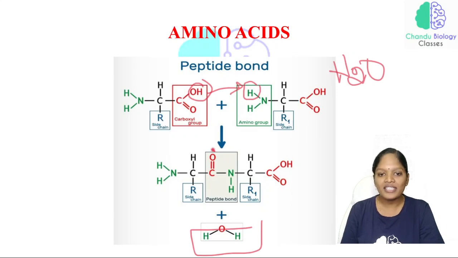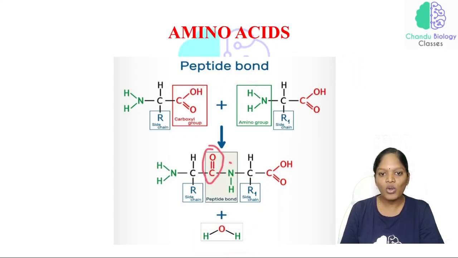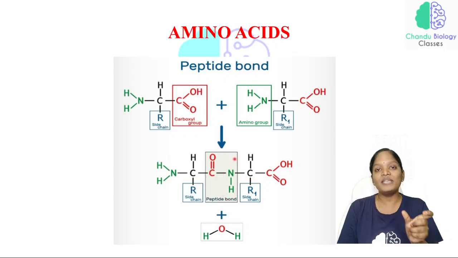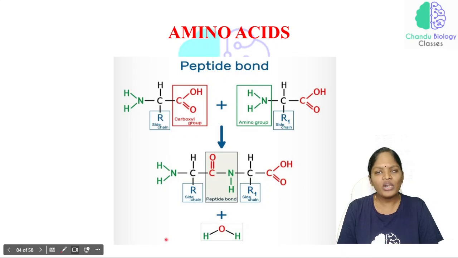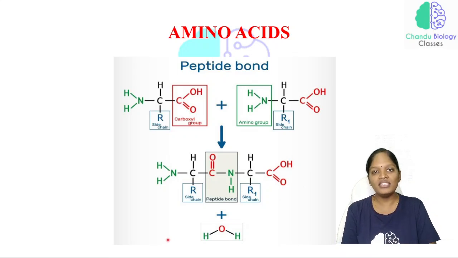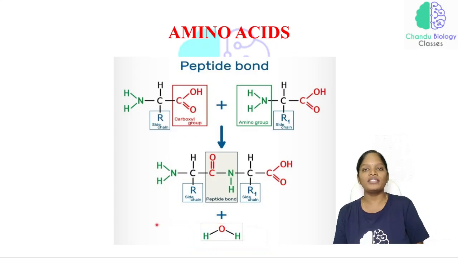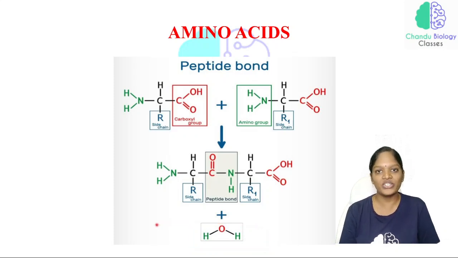Now as a result, C double bond O and NH have been formed. So this bond is called a peptide bond, and this peptide bond has been formed as a result of a condensation reaction. Why are we calling this reaction a condensation reaction? See, water has been released. That is why we call it a condensation reaction.